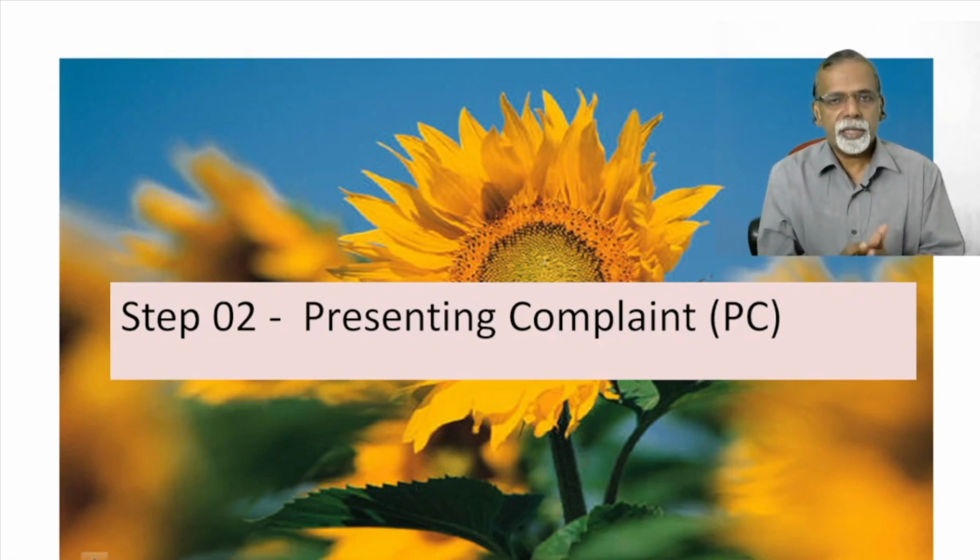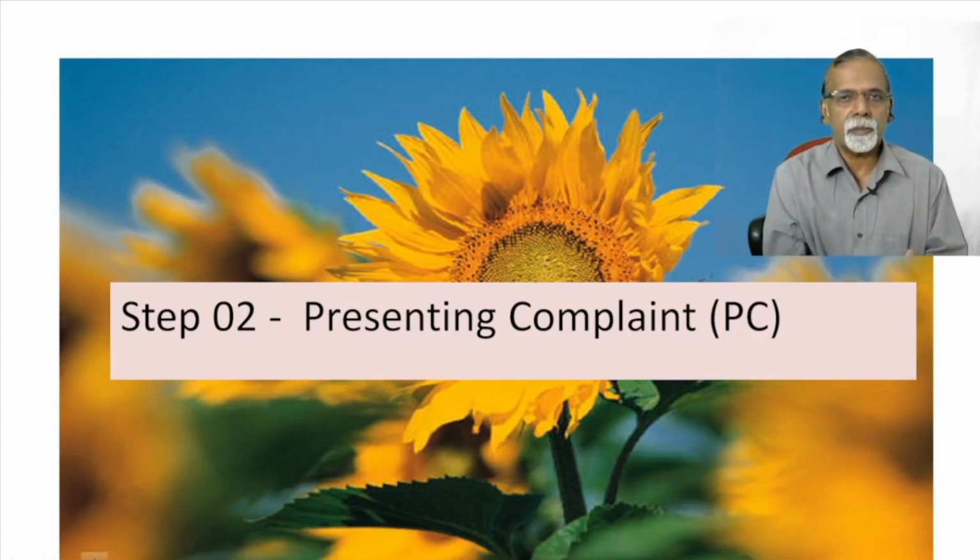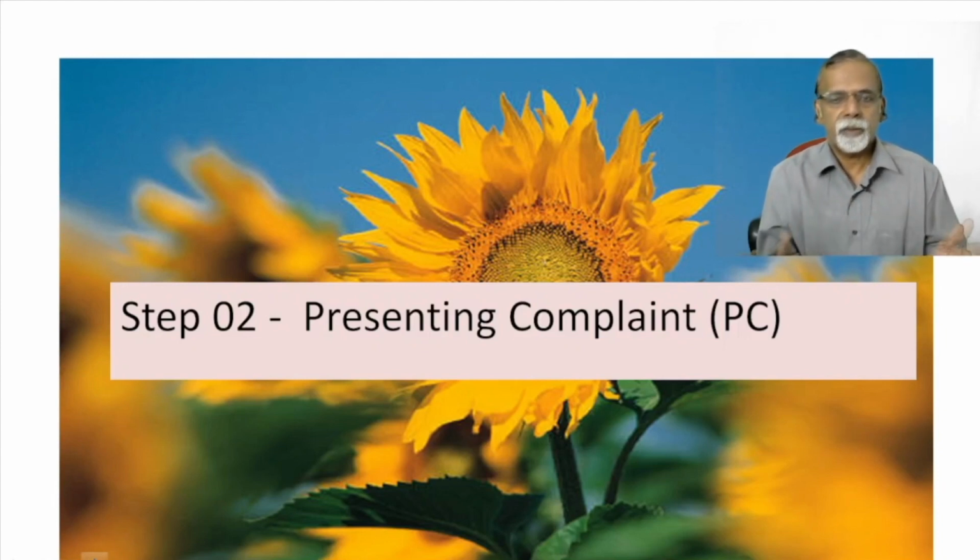We can divide the history taking into mainly 2 sections. One is related to the presenting complaint and history of the presenting complaint, and the rest everything together. It is because the presenting complaint and history of the presenting complaint are the most vital things. They are dynamic. Here you make the patient narrate and give the story.